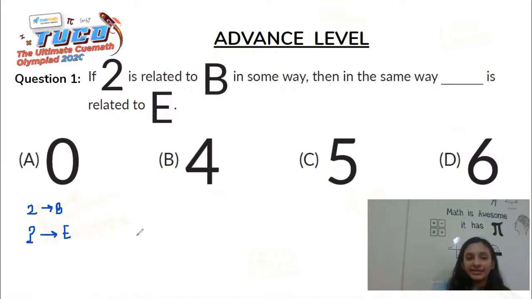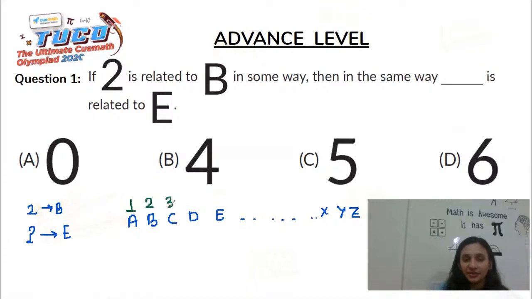Now if I was to write the alphabetical series, we have A, B, C, D, E, and so on till X, Y, Z. And we can number the position of each alphabet. That is, alphabet A is at the first position, B is at the second position, C is at the third position.